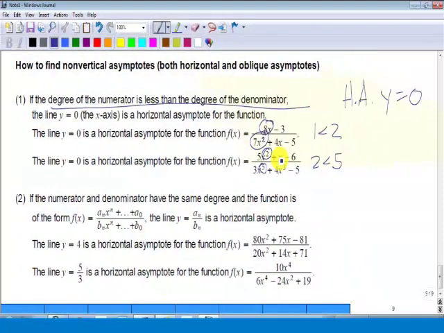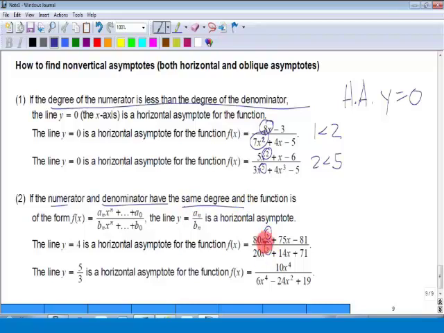The other example, the one I usually do, is even more dramatic. There's just a little bump close to 0, and then very rapidly, because the difference in the degrees is greater, a difference of 3 rather than just 1, the graph kind of disappears into the x-axis. Case 2. The numerator and denominator have the same degree.